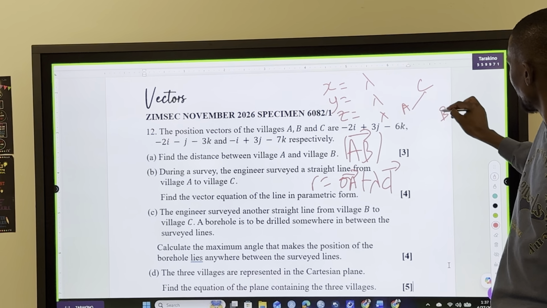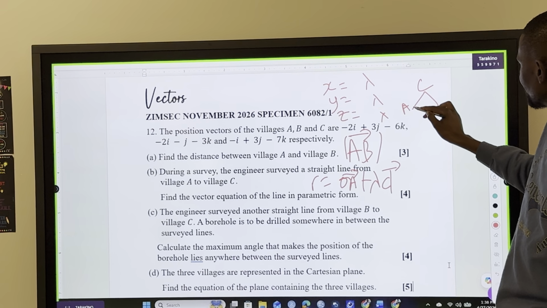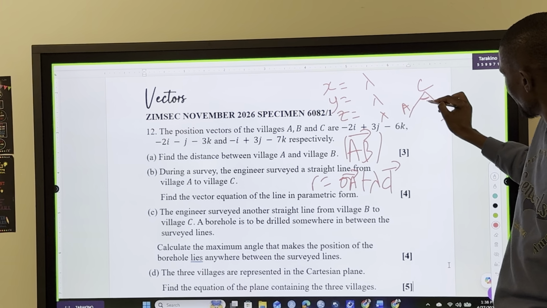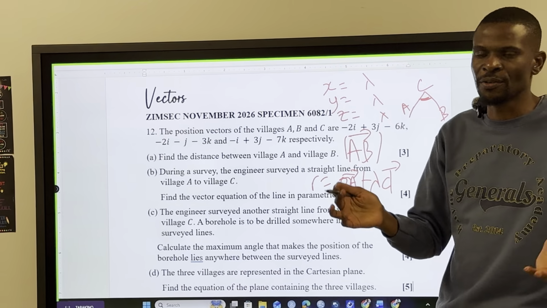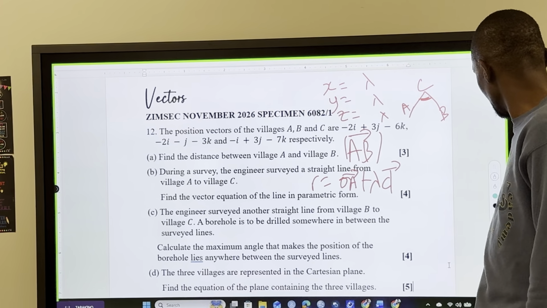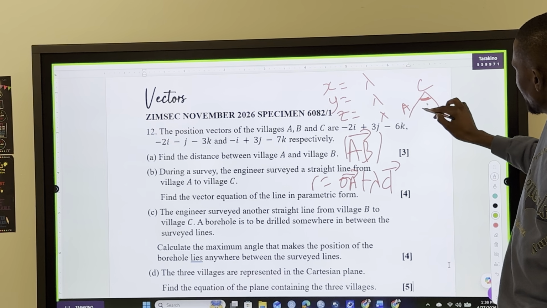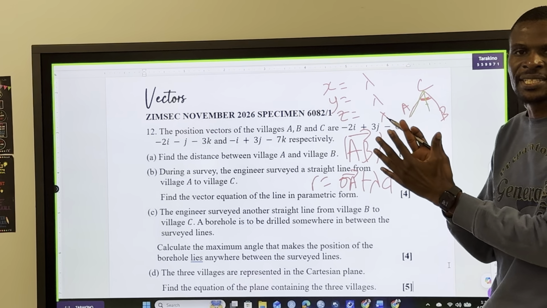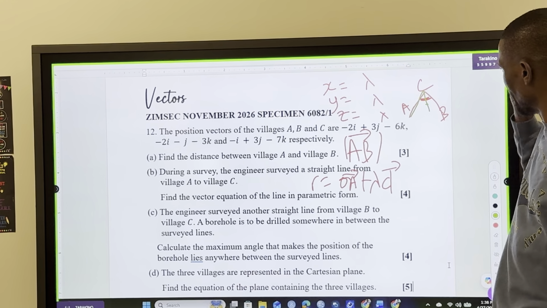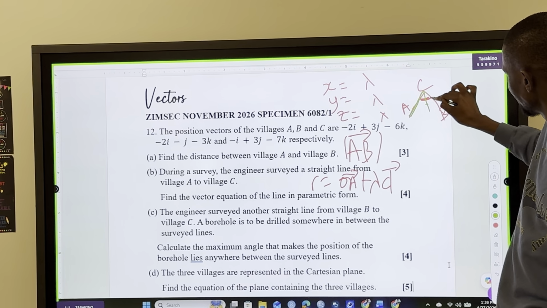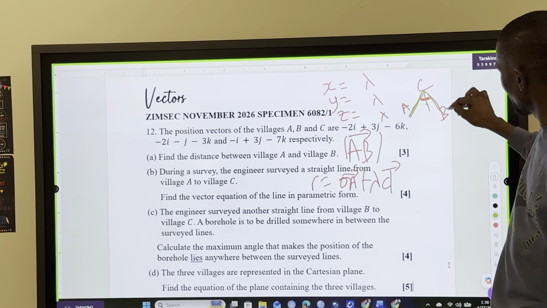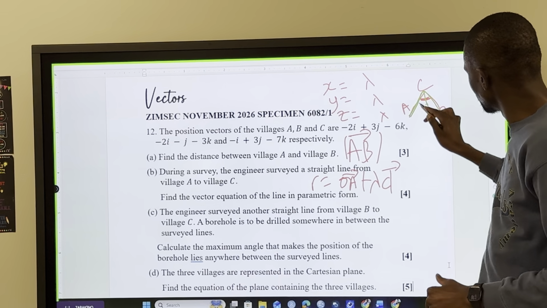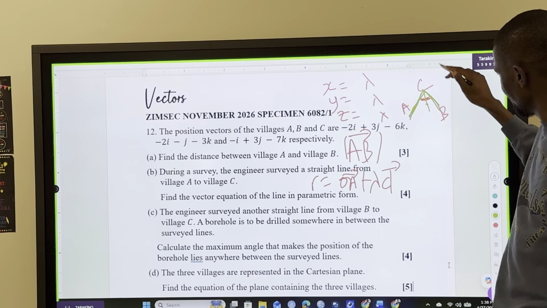So it means we have this angle here. That's the maximum possible angle, because if the borehole is to be drilled here, the angle is obviously reduced depending on the position, but the maximum angle is this part here, right? So we cannot go beyond those endpoints, which is AC and AB.